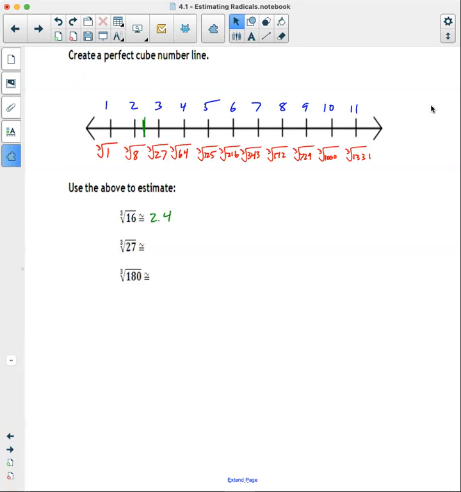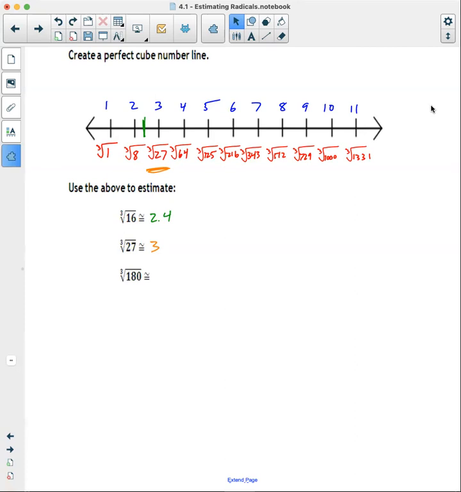Okay. So cube root of 27, that actually is right here. That's an exact value. So that is equal to 3. That was nice and easy. And last one is cube root of 180. So that is between 5 and 6 somewhere.